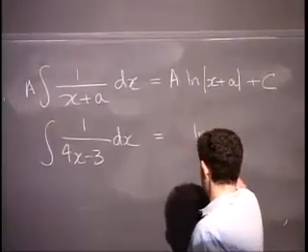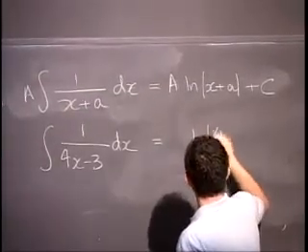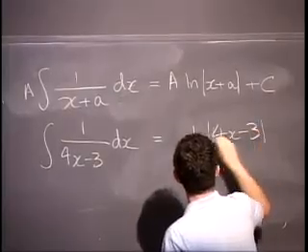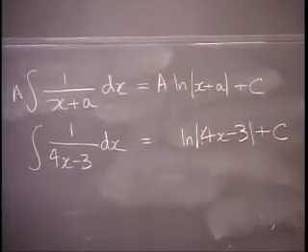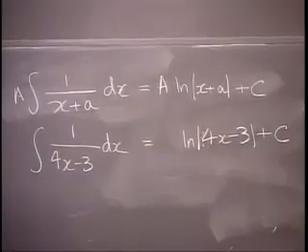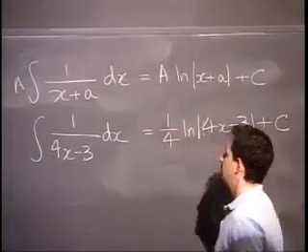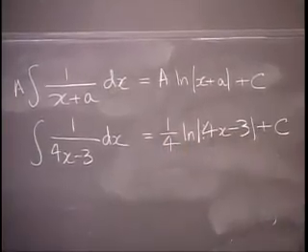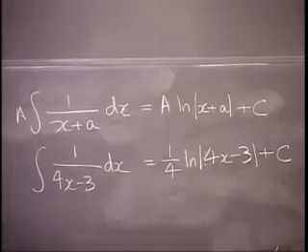You'd like to say it's log of 4x minus 3. But unfortunately, if you differentiate this, you're going to spit out a factor of 4. You're going to get 4 over 4x minus 3, so you need to compensate by the quarter there. If you don't believe it, substitute t equals 4x minus 3.